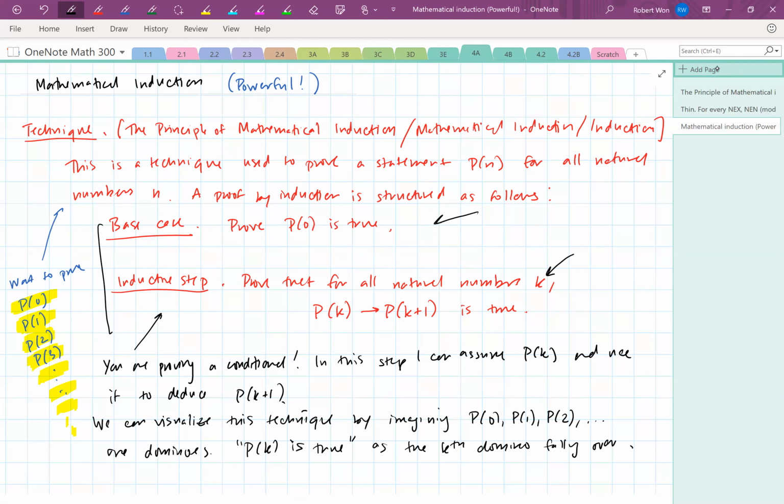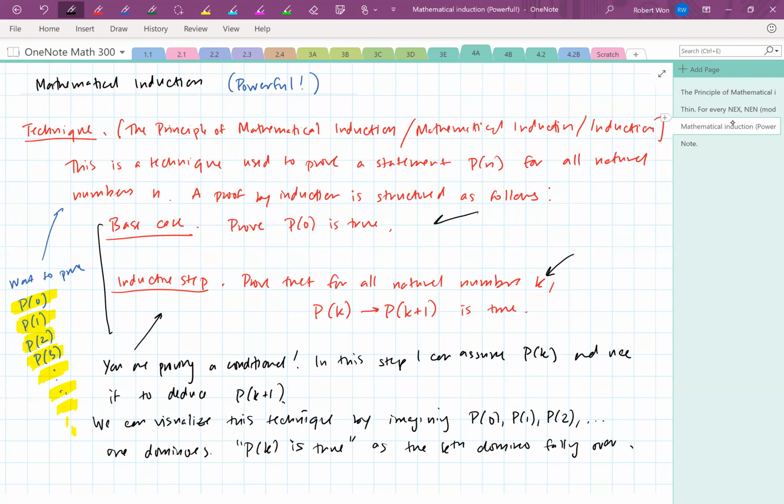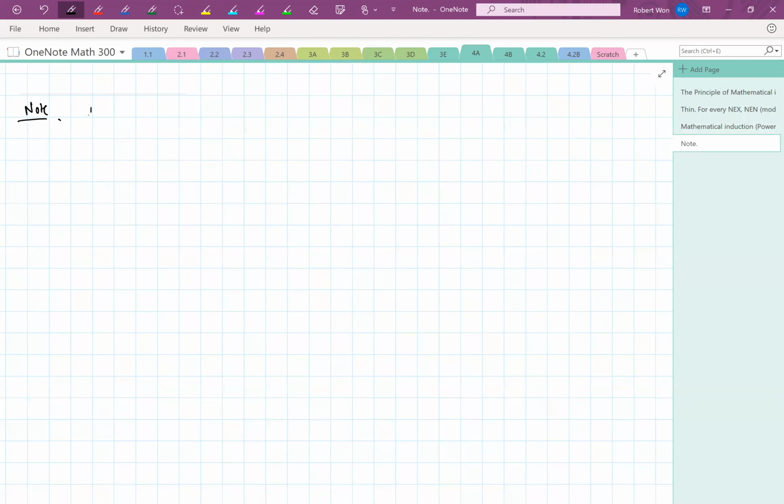But one note here is that the way that I stated it, I stated it as if you want to prove a statement for all natural numbers, but it's a little bit more flexible than this. So note that the base case need not be 0.